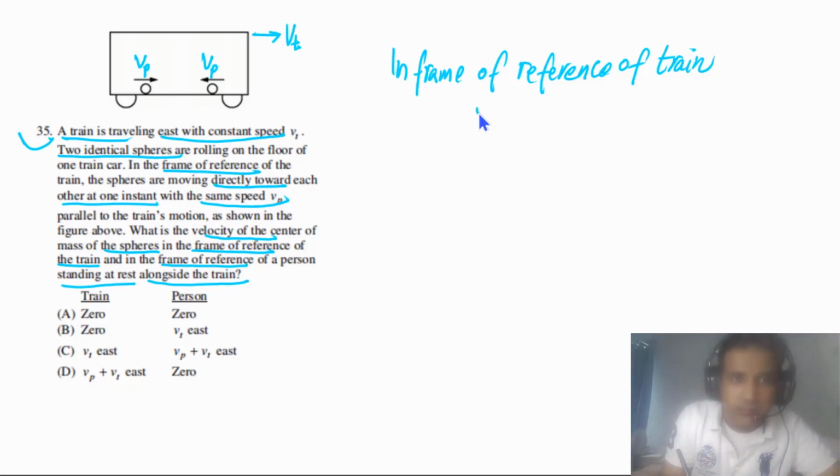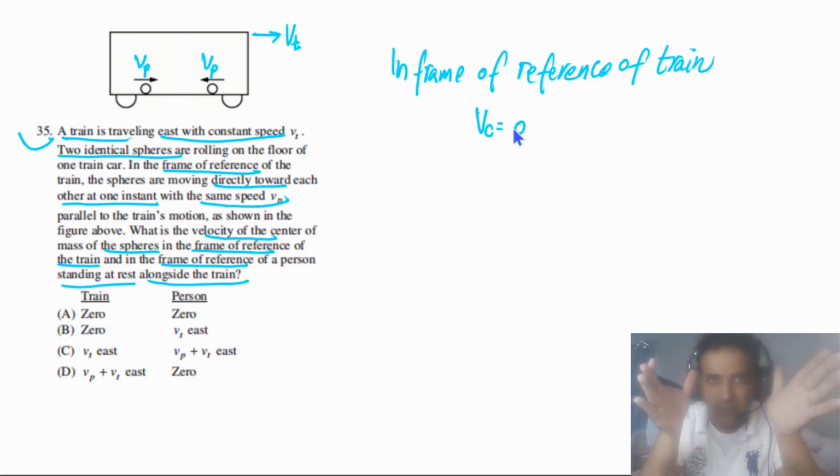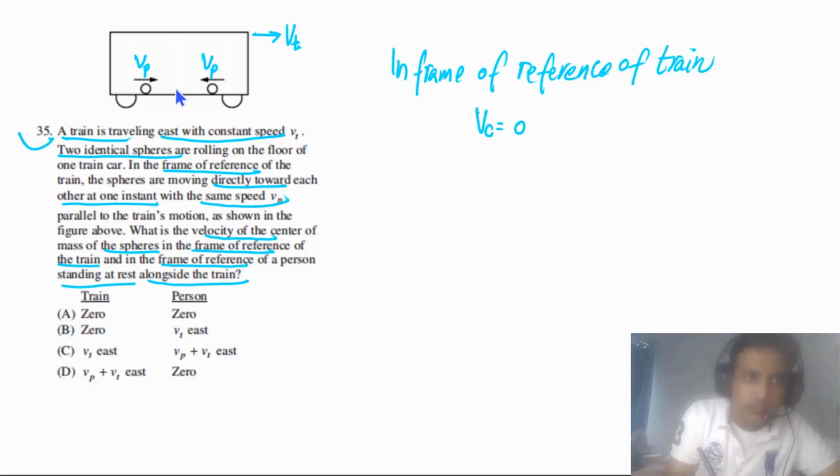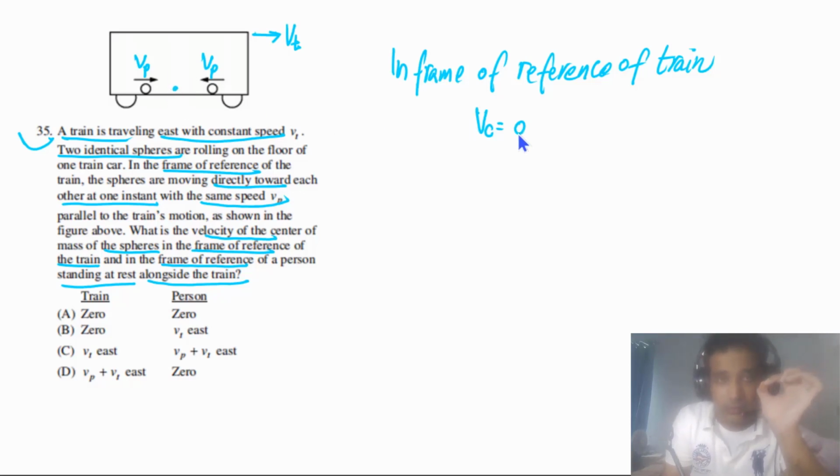The velocity of the center of mass in this case will be equal to 0, because they are moving with constant speed in opposite directions. The center of mass will stay at the center, so its velocity will be equal to 0.